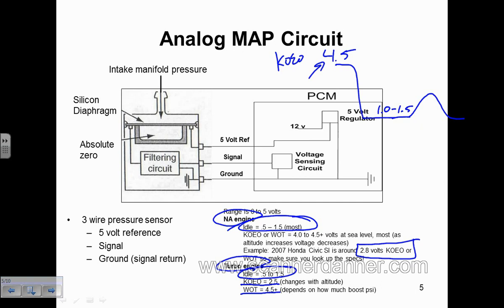So we put a different style MAP sensor in there, one that's calibrated for a turbo, and not just that, we also have to calibrate the engine computer to read that properly, right? That 2.5 volts on a turbo computer means atmospheric pressure, where 2.5 volts on a naturally aspirated computer would be maybe 30,000 feet of elevation. So the computer program's different too. Sensor's different, computer program's different.